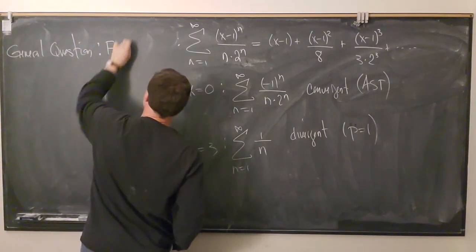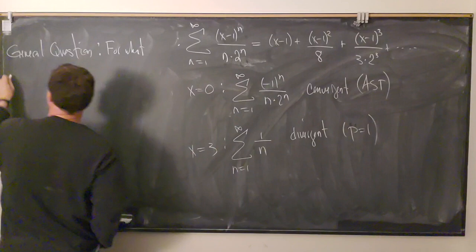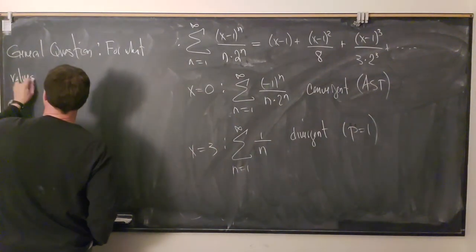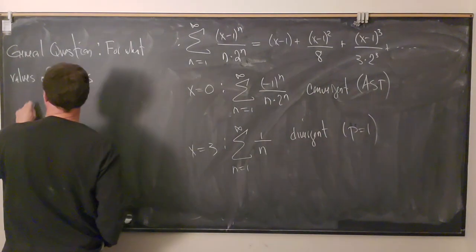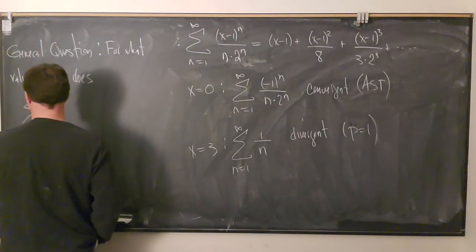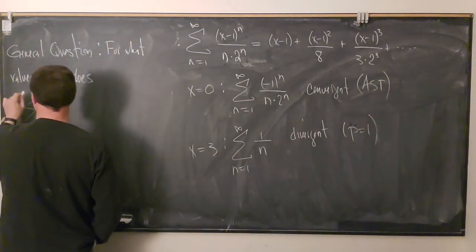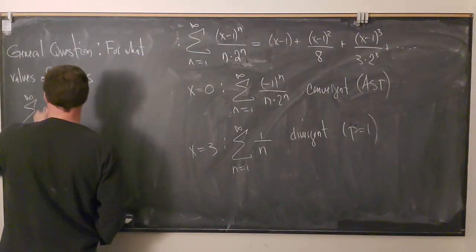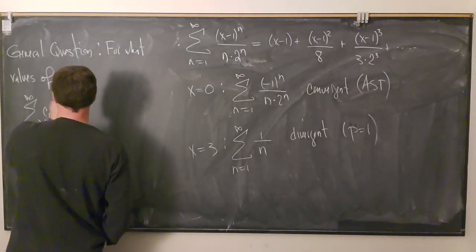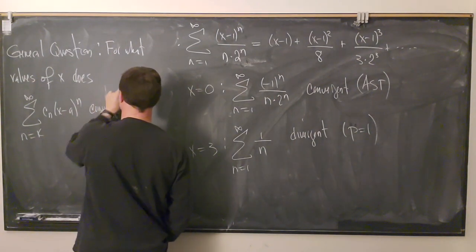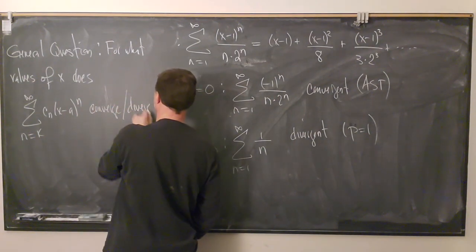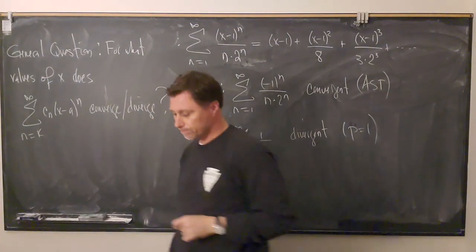For what values of x does the power series, I'll just use n equals k to infinity, c sub n times x minus a to the n, converge or diverge?